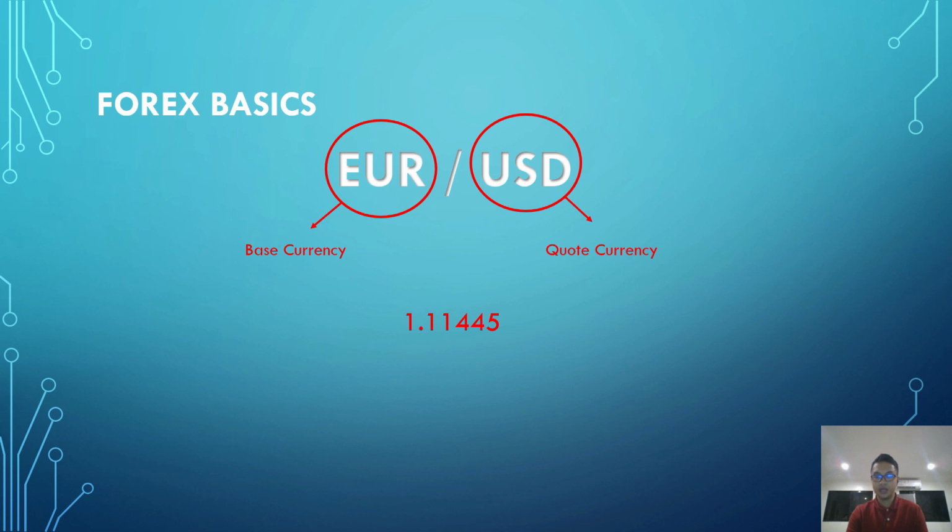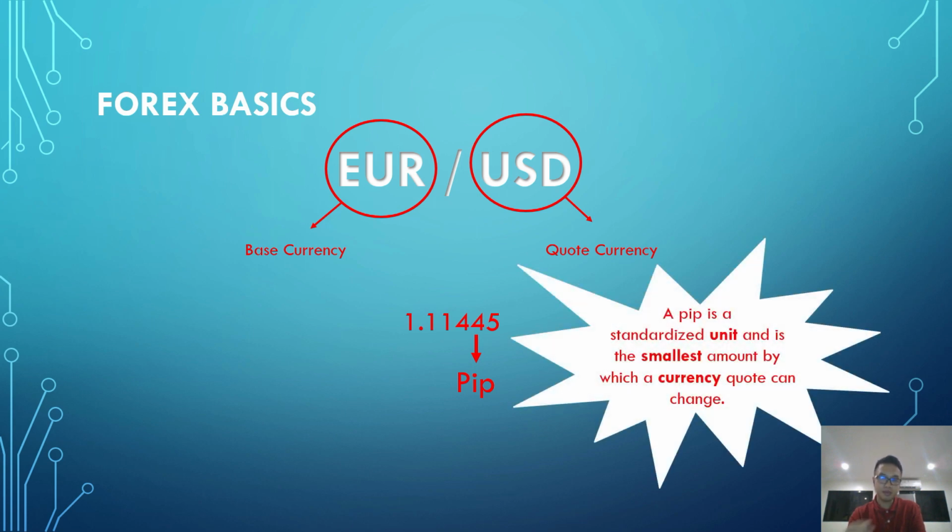Now in Forex, we have what we call a pip. A pip is the lowest unit with which you could measure the movement of a certain currency pair. It is a standardized unit, and it is the smallest amount by which a currency quote can change.